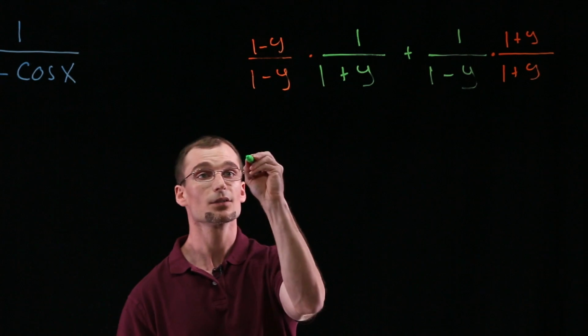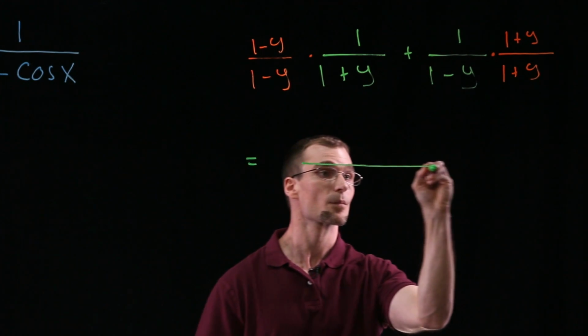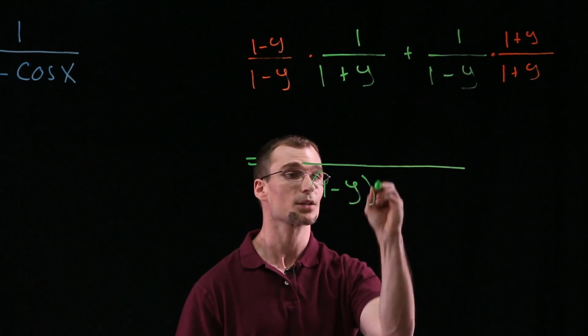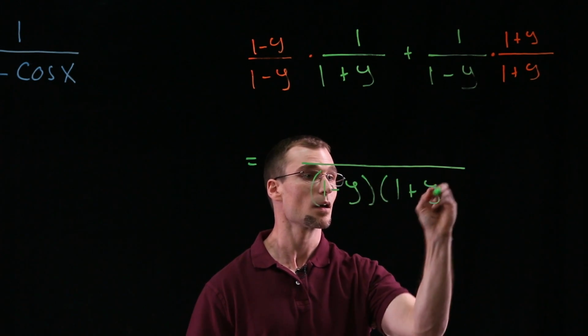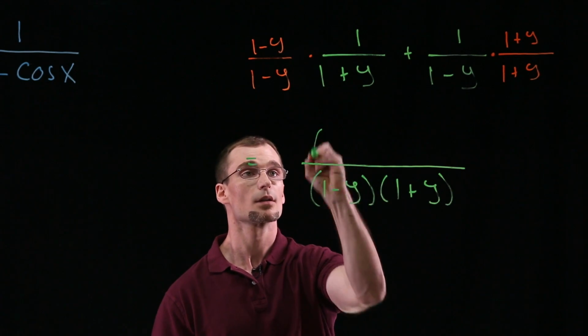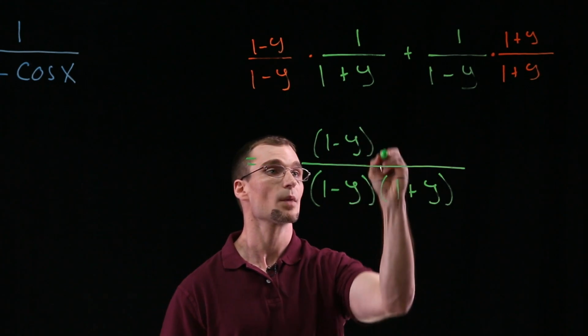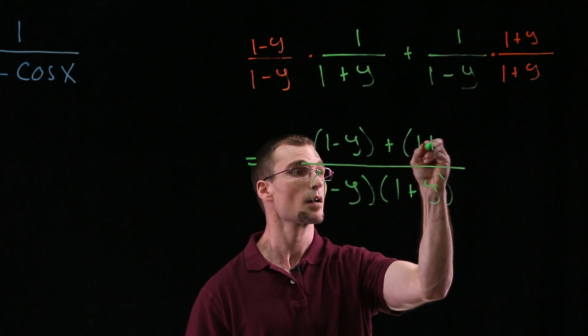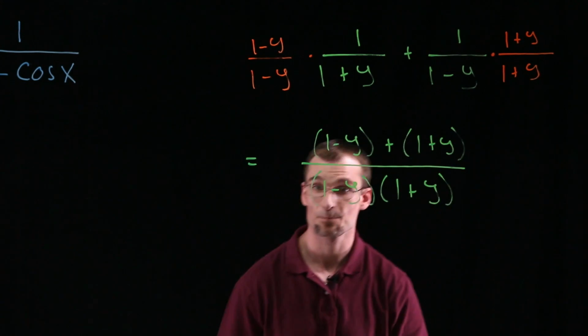And what that's going to give us is the common denominator, 1 minus y times 1 plus y, and in our numerator, 1 minus y times 1, or 1 minus y, plus 1 times 1 plus y, or 1 plus y.